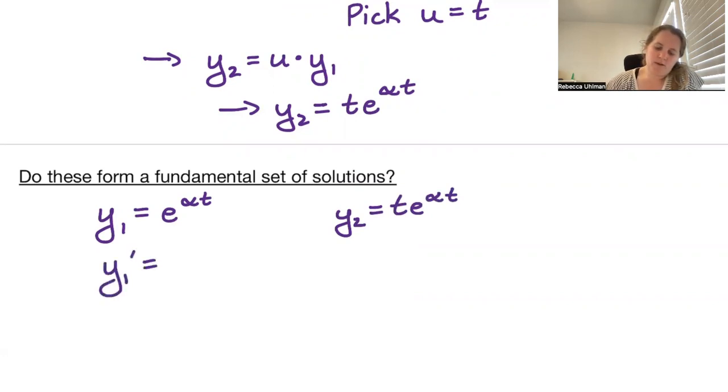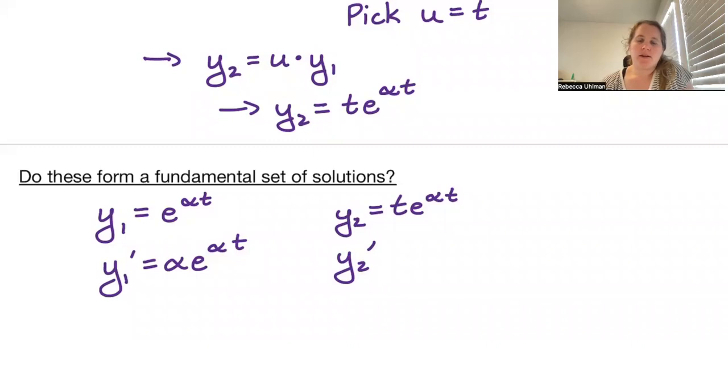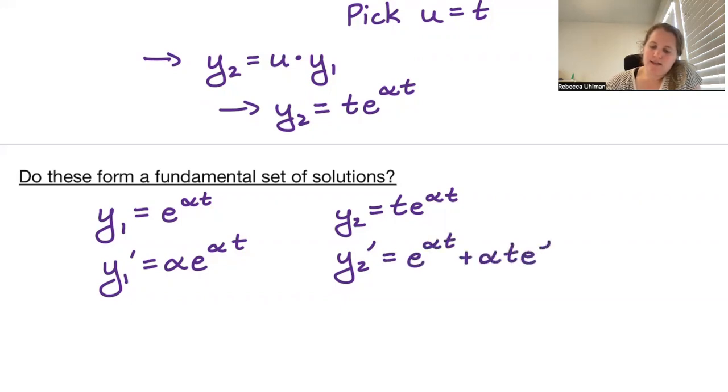y1 prime is therefore alpha e to the alpha t. y2 prime, again, we have a product rule. We have y2 prime is equal to e to the alpha t plus alpha t e to the alpha t.